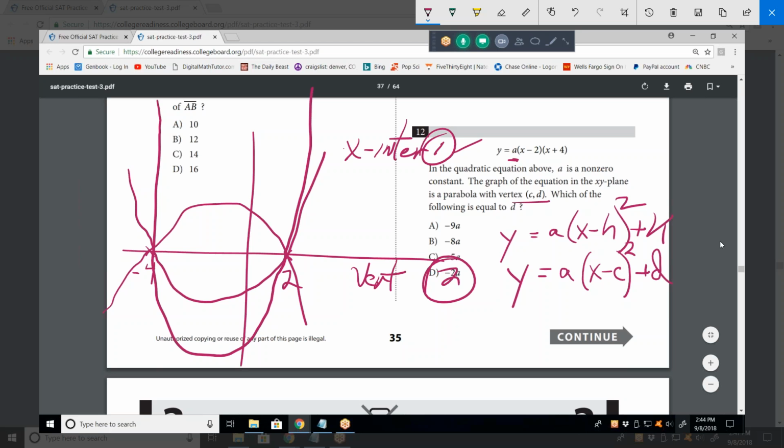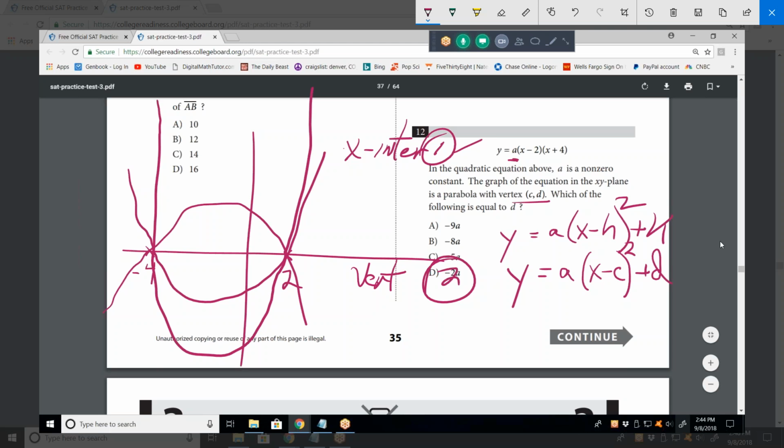And each format has its advantages and disadvantages. Usually the most important part of a parabola is its vertex. So vertex format is the first one they really teach you, because knowing where the vertex is the most important thing for drawing that parabola.